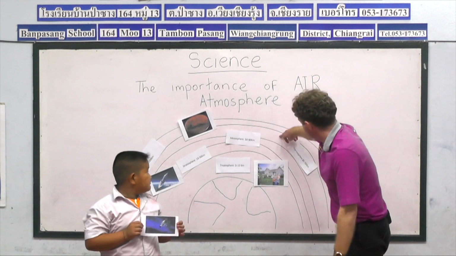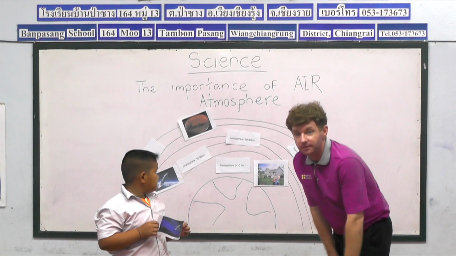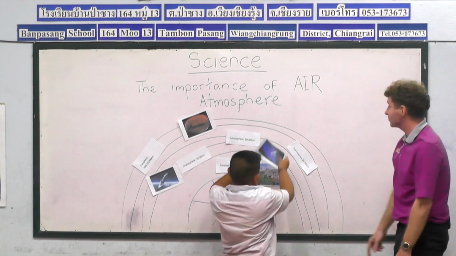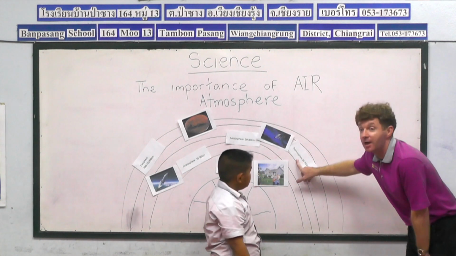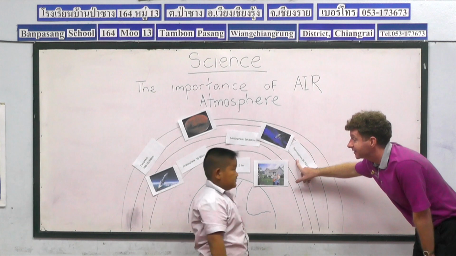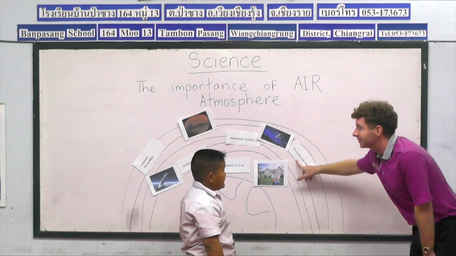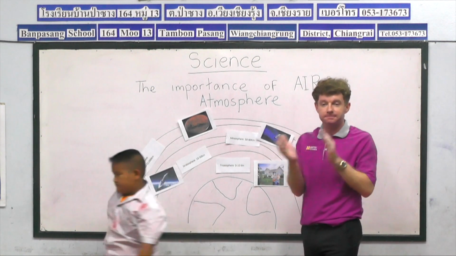It's in the next one. It's in what we call the thermosphere. So Net, can you put the picture of the satellite into the thermosphere? Excellent. And one more time, thermosphere. Excellent. High five. Big round of applause for Net.